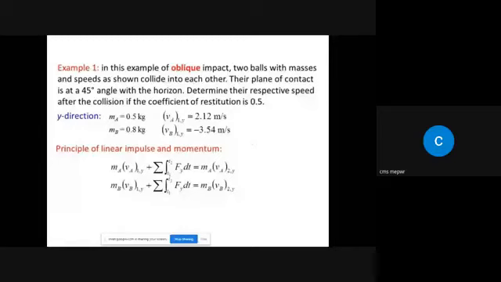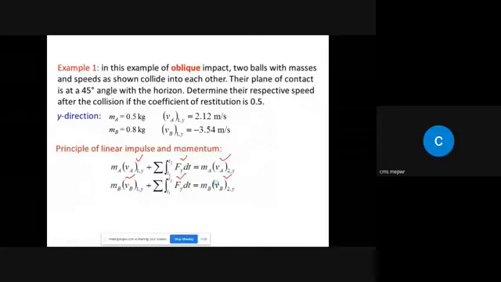The principle can be given by the equation: momentum before plus the impulse should equal the momentum after. Similarly, we can write this equation for particle B: momentum before plus the impulse equals the momentum after.